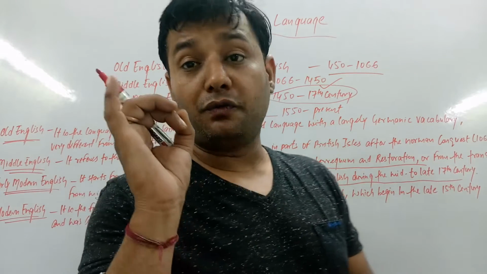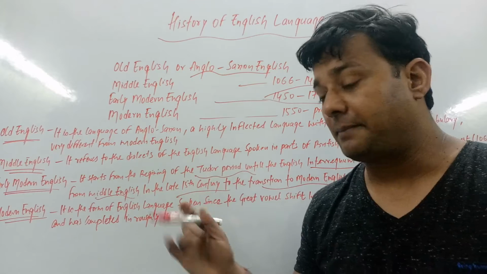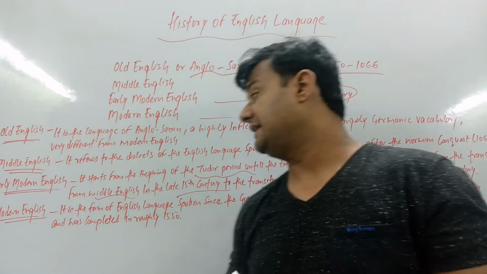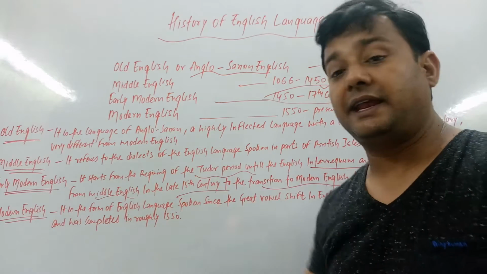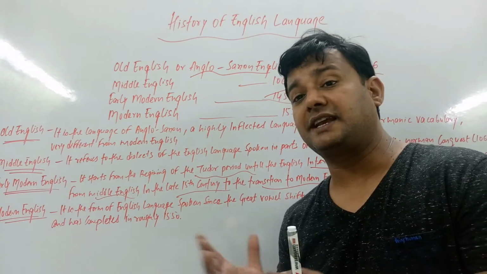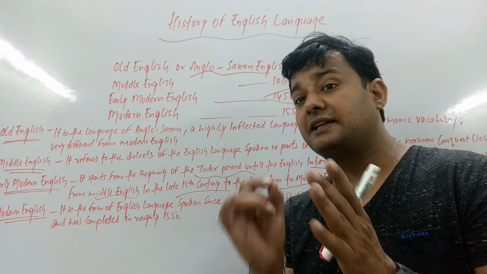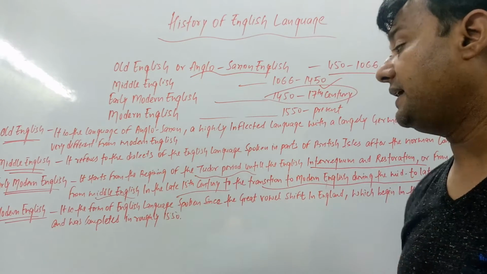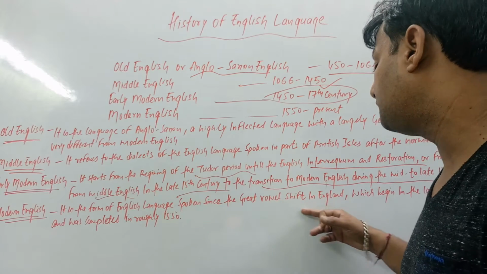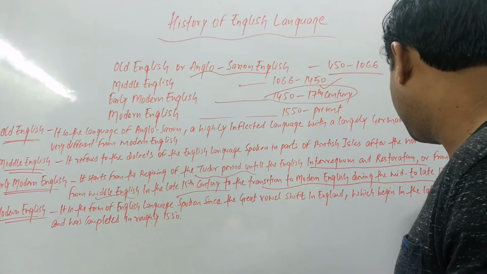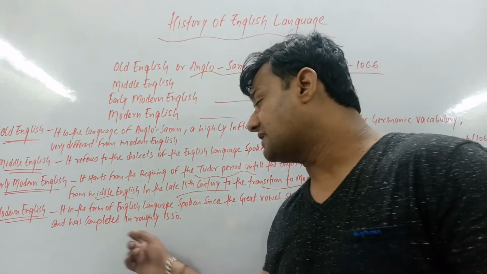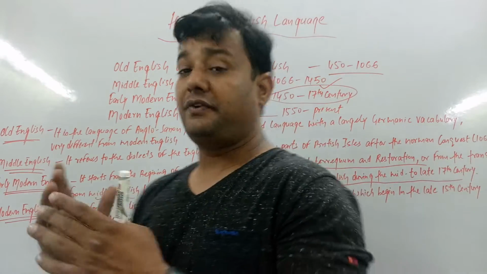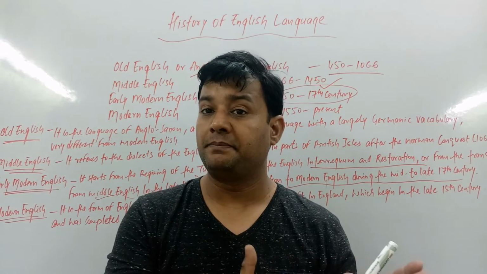And that will work out for all of us. कैसे काम करता है, कौन से provisions हैं, we have to keep in mind. And then jump up to the next one, Modern English. क्या थी मॉडर्न इंग्लिश, कैसे काम कर रही थी, क्या चेंजेस थे, what are the significant changes that took place in that period. In the form of Modern English, the language spoken since the Great Vowel Shift in England began in the late 15th century and was completed around 1550, and then afterwards the age of really modernist came up.